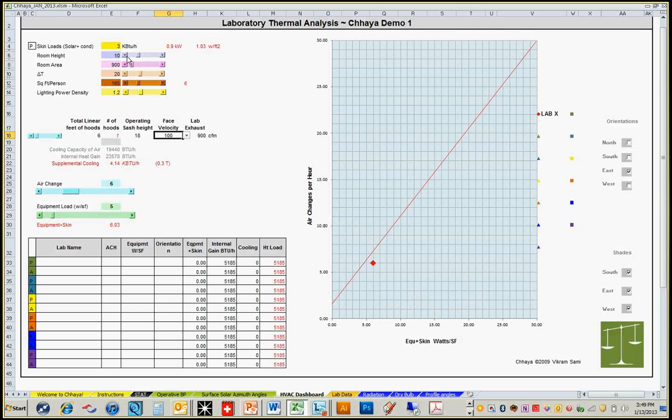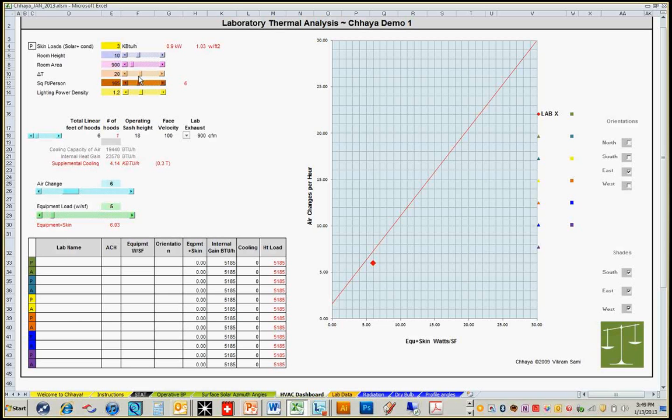So you can set your room height over here. And as I increase my room height, the cooling effect of the air increases because you've got more air per air change. And so that affects the slope of that line. The room area is static, and it basically links the dimensions that I put forth in the other window.